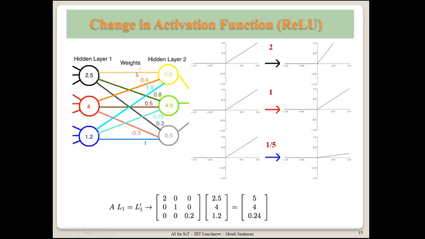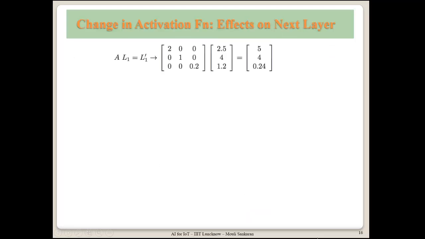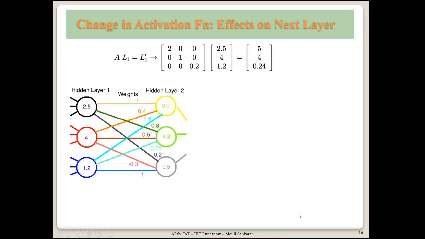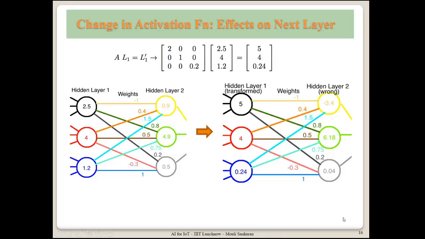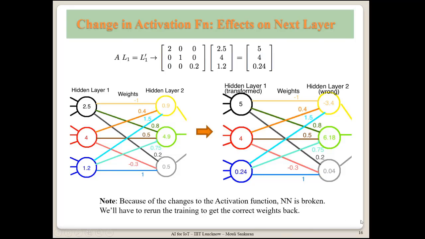Maybe only specific to these nodes. If they are connected to some other node, I may allow the changes to happen. But if I don't want changes happening to this particular thing, how do I do it? You can do it by multiplying with the inverse of whatever changes have happened.